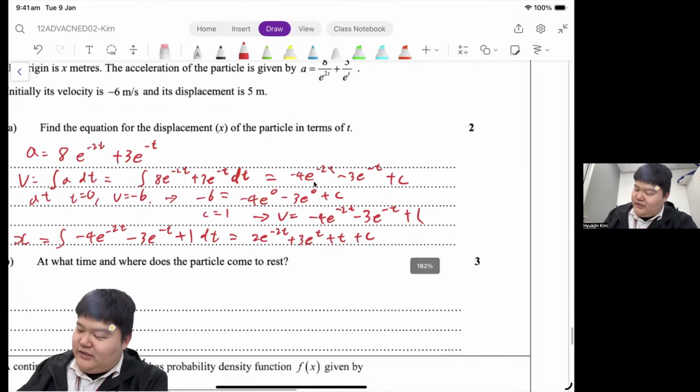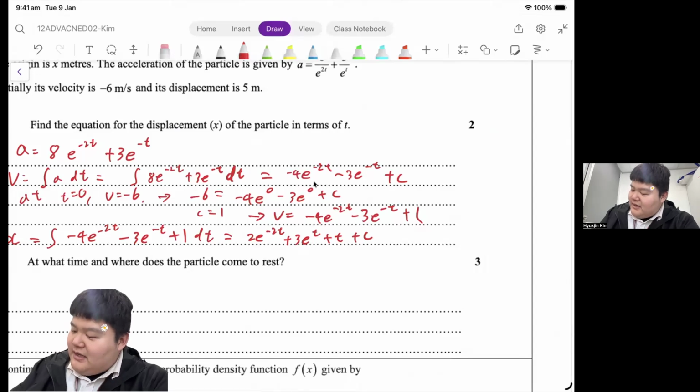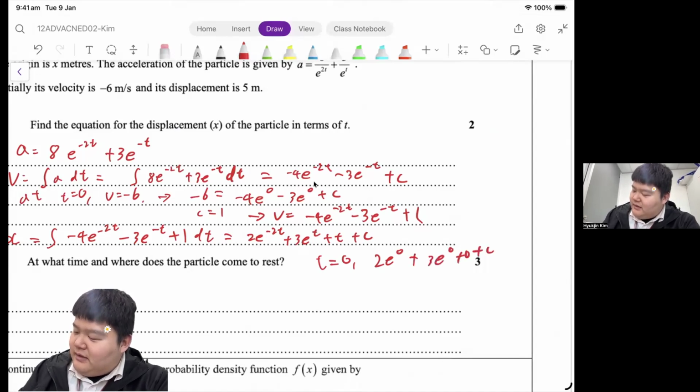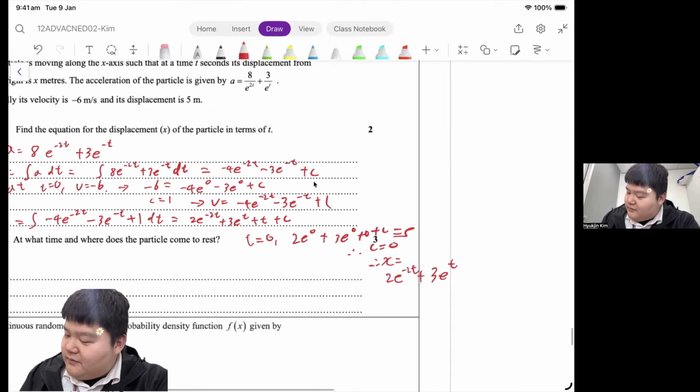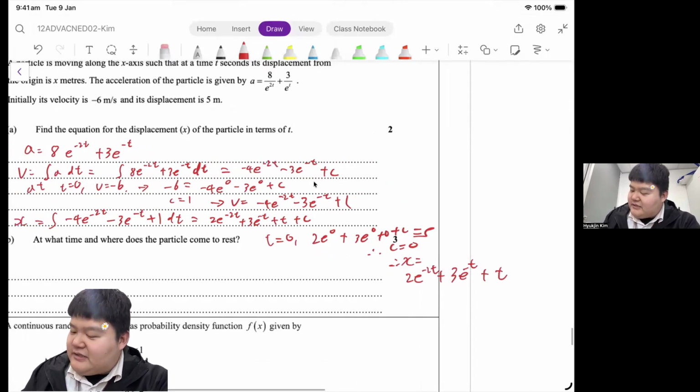And initially the displacement is 5. At t equals 0, 2 e to the power of 0 plus 3 e to the power of 0 plus 0 plus c equals 5. That means c equals 0. This means x equals just that, 2 e to the power of negative 2t plus 3 e to the power of negative t plus t.